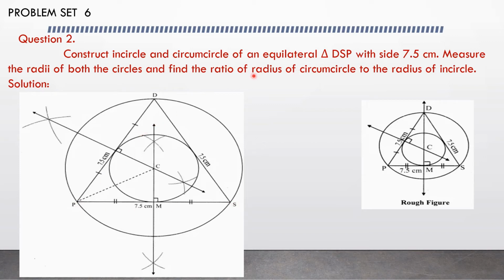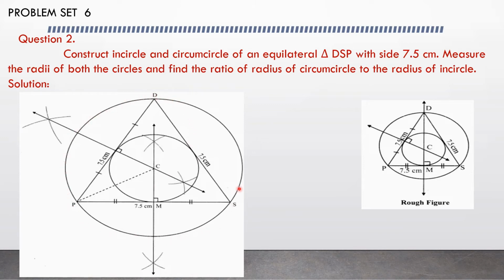You have already learned how to construct the circumcircle and incircle of a triangle in the previous module. Same method you have to use: construct first the incircle of a triangle, and here CM is the radius of the circle. And second one here the circumcircle of a triangle.